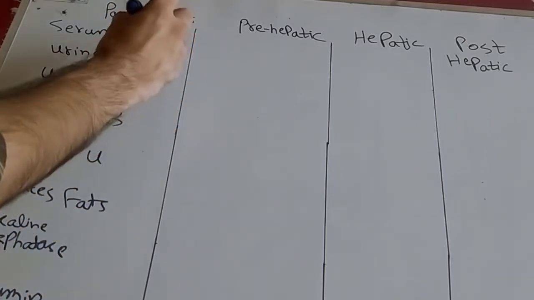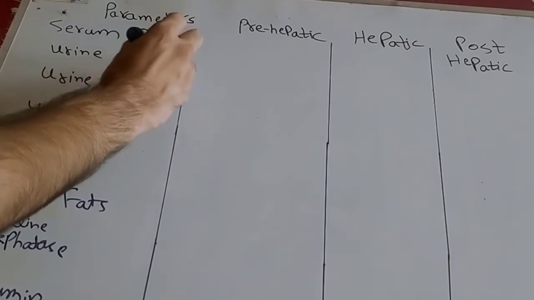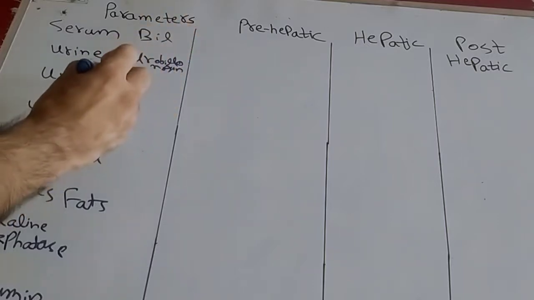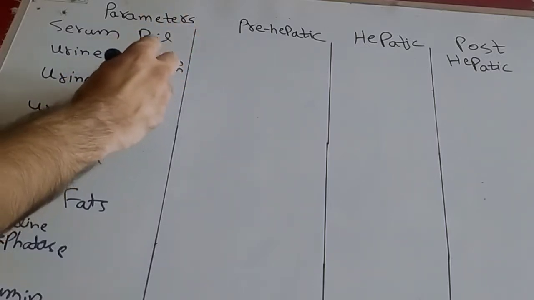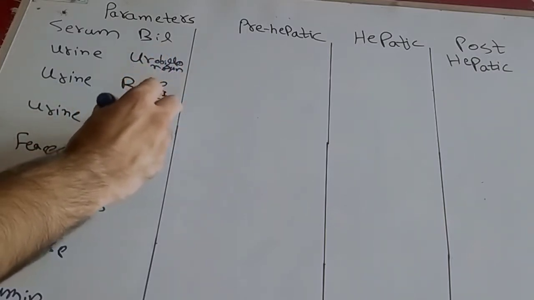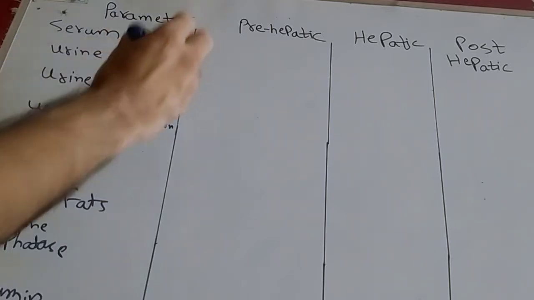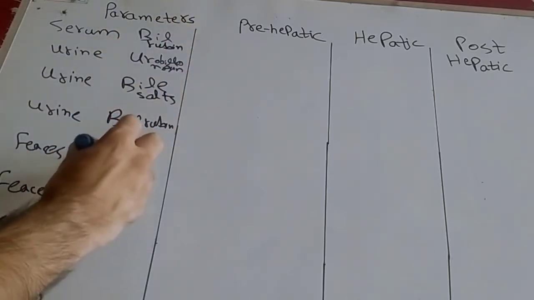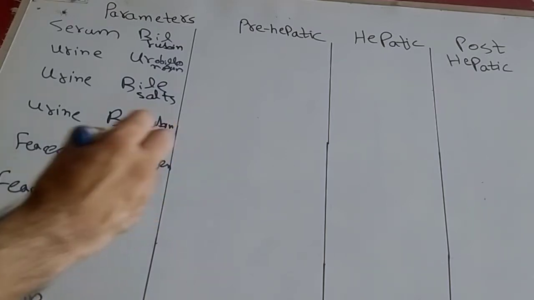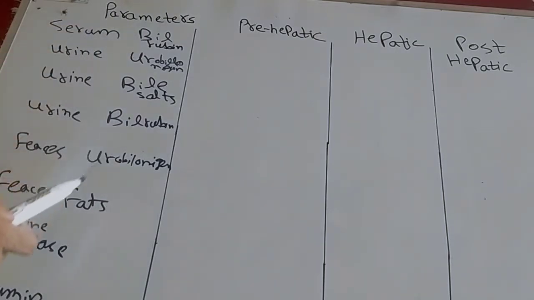From B it will be designated as bilirubin, then urobilinogen, then bile salts, then again bilirubin, then again urobilinogen. So bilirubin, urobilinogen, bile salts, bilirubin, urobilinogen and fats.